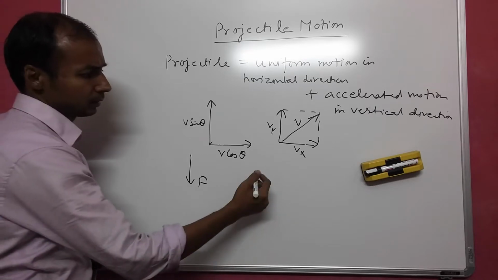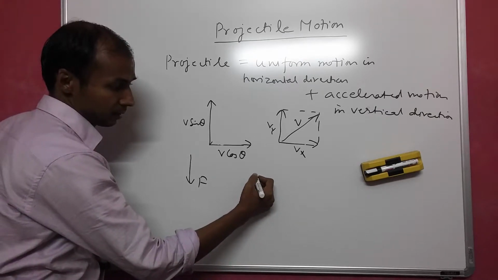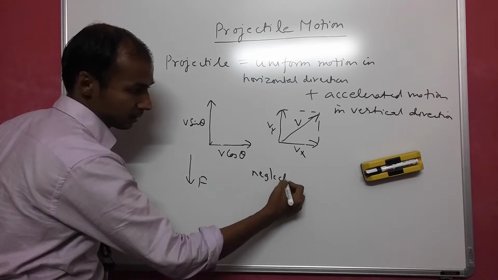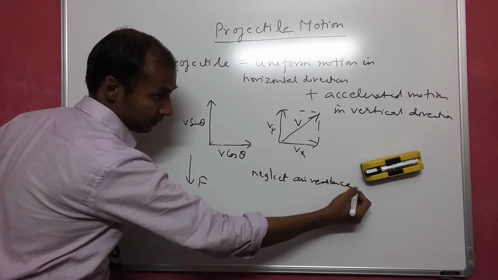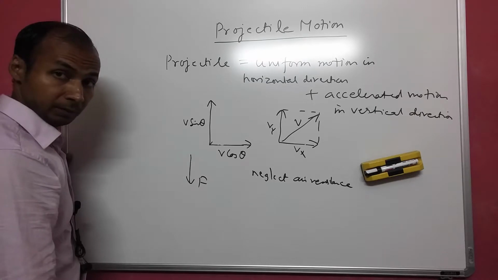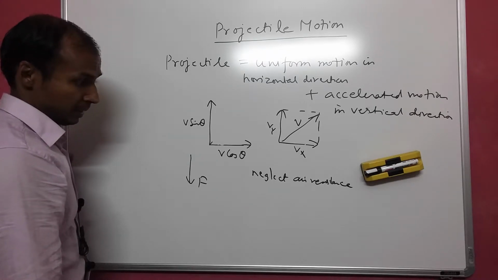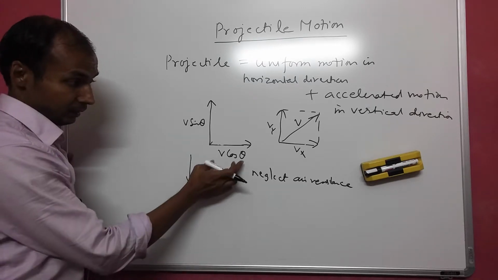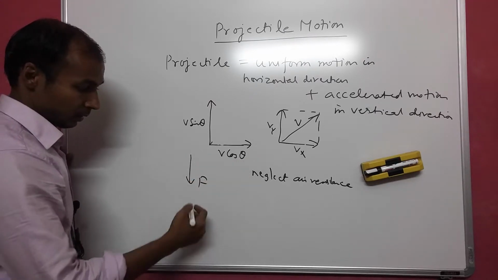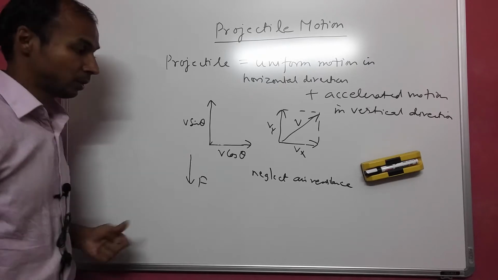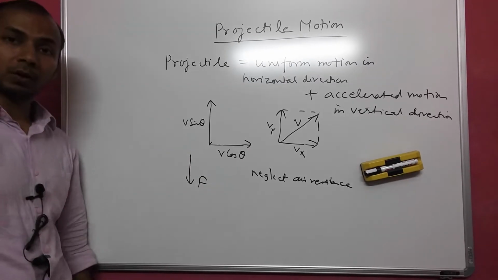Now if you neglect the air resistance, that means there's no horizontal force on the body, which basically means the horizontal velocity will remain constant. That means horizontal velocity throughout the journey will be v cos theta only.